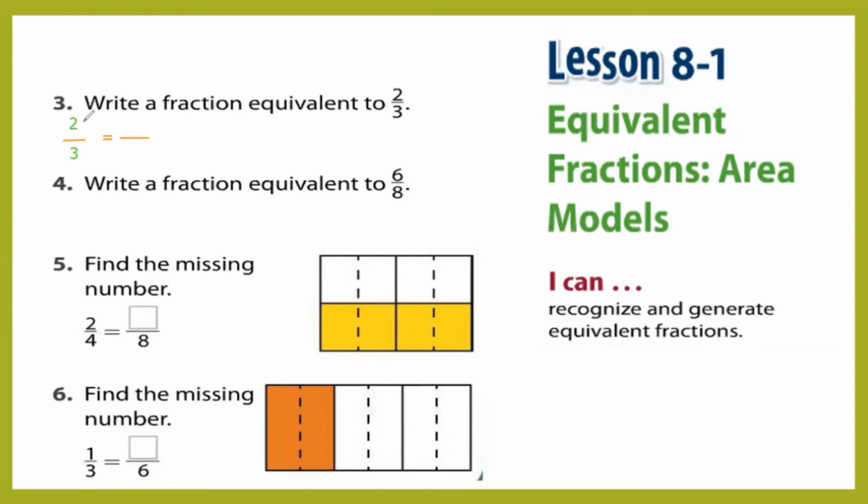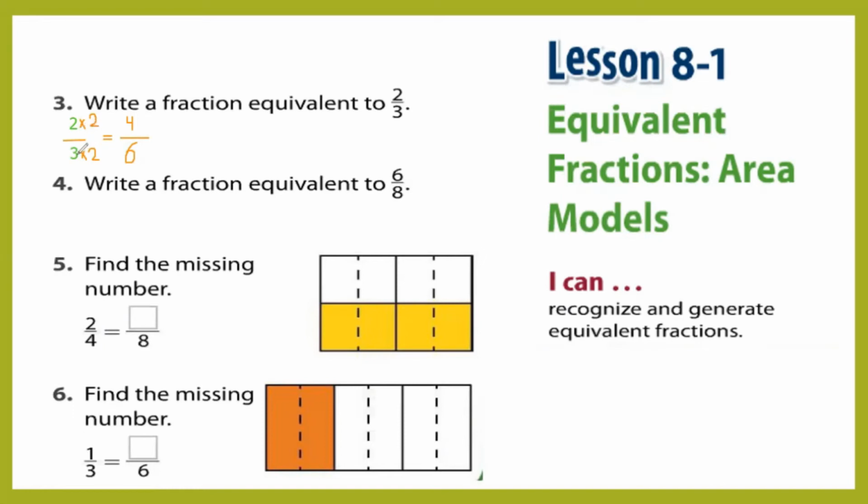I will multiply up by 2 and down by the same number, which is 2. 2 times 2 equals 4. 3 times 2 equals 6. Now we wrote an equivalent fraction, 4 out of 6, or 4/6 equals 2 out of 3.